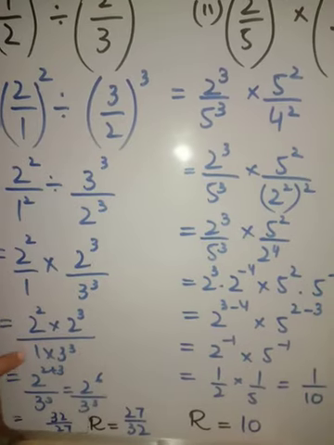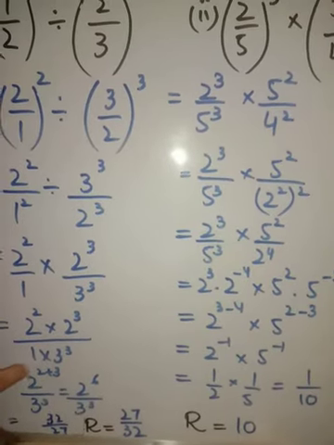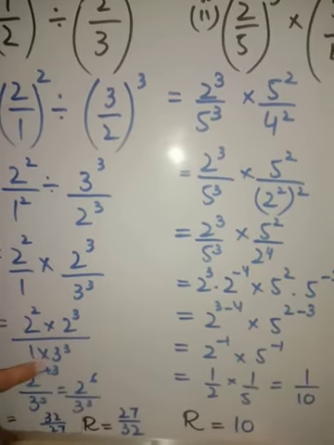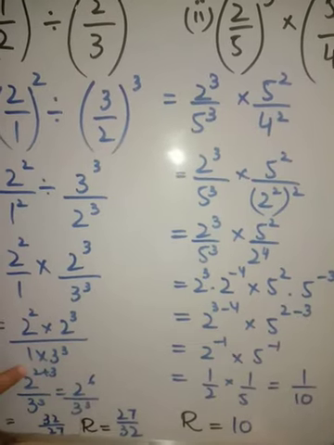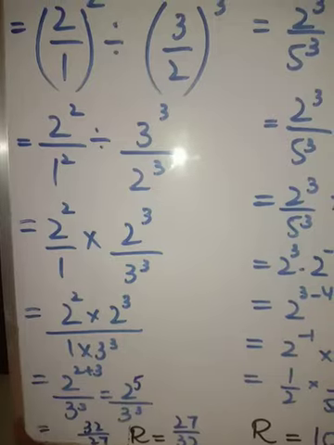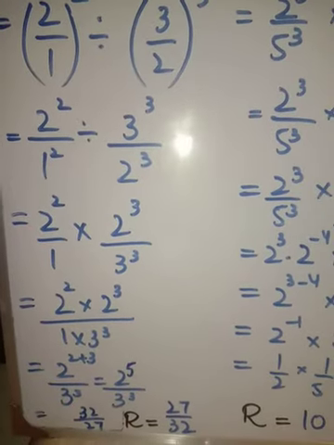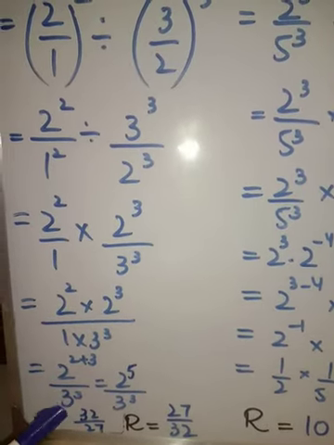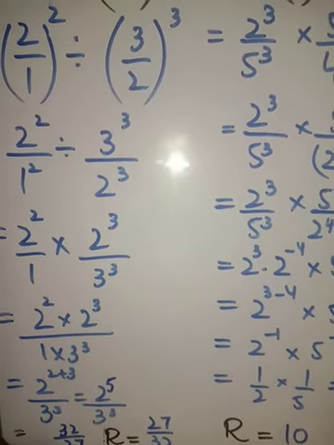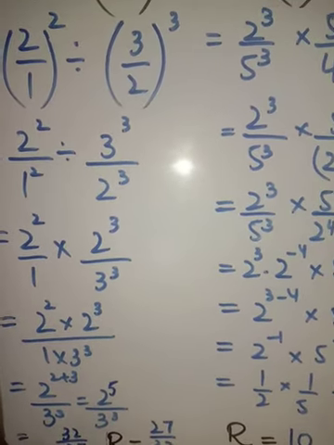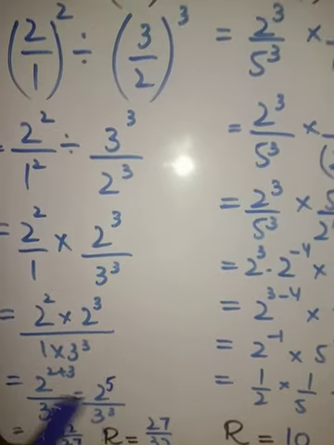Understand? Now base same, add powers: 2 plus 3 is 5, 1 3 cube. 2 raised to power 5 and 3 cube. 2 to the 5 means we have 32 and 3 cubed means we have 27. So their reciprocal will be 27 by 32, which is our answer.